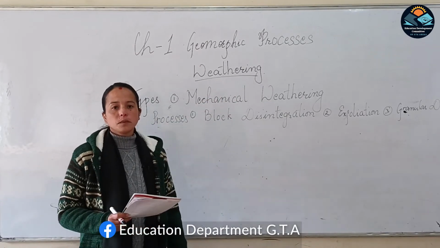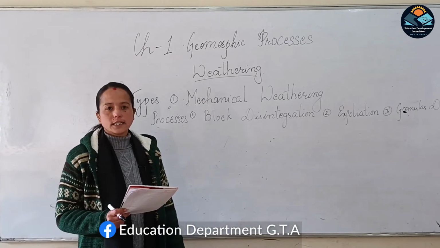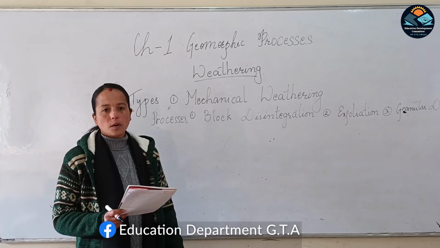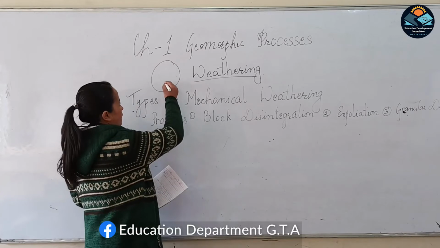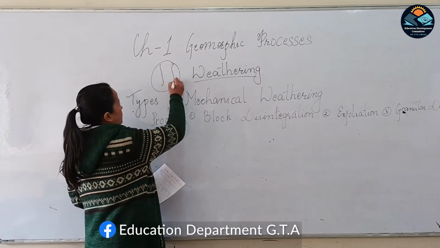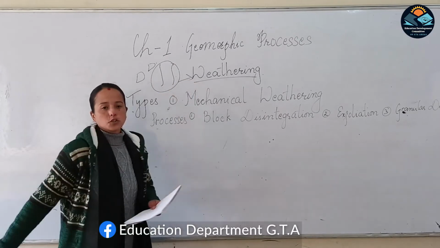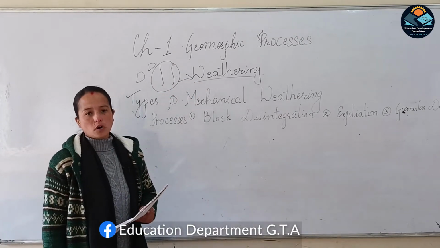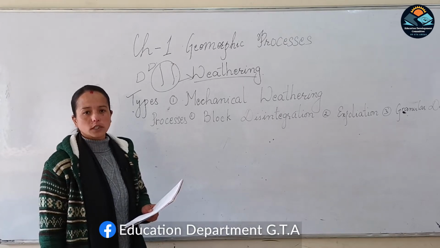Now the next topic we are going to do is weathering. In simple language, weathering is the breaking up of rock. A big rock or a stone is there, and when this rock breaks into pieces, that is known as weathering. So weathering is the breaking up of rocks, the disintegration or decomposition of rock in situ.